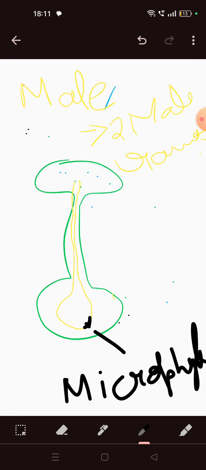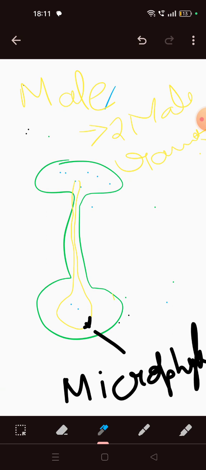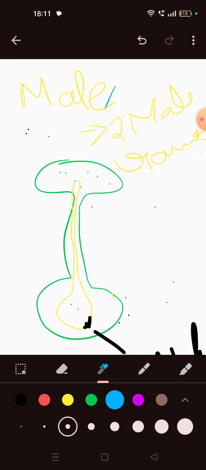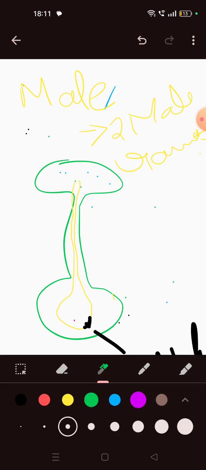So now what will happen? These male gametes, which are blue in color, will now enter here. These male gametes have entered. We know that each pollen grain has two male gametes. Now the ovules are sitting here, so I'll draw the ovule in pink color. In one ovule there are two male gametes, and two polar nuclei are also sitting here.